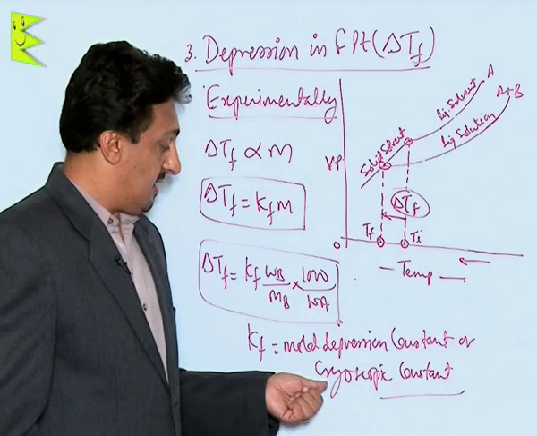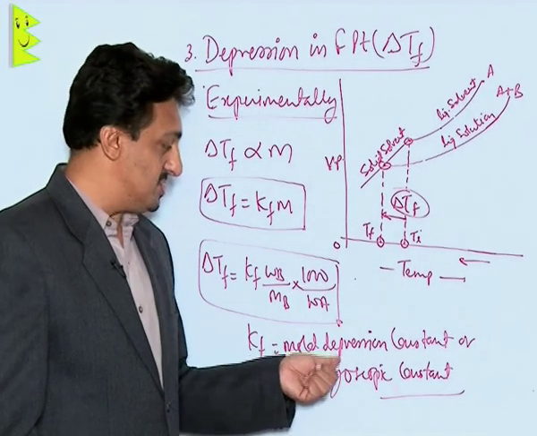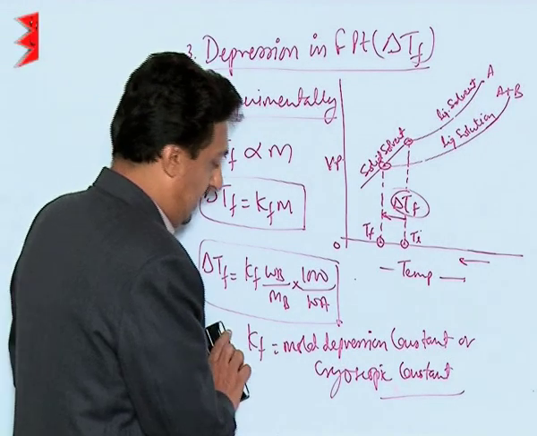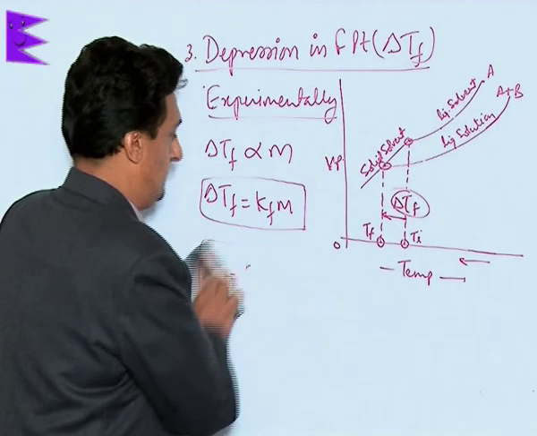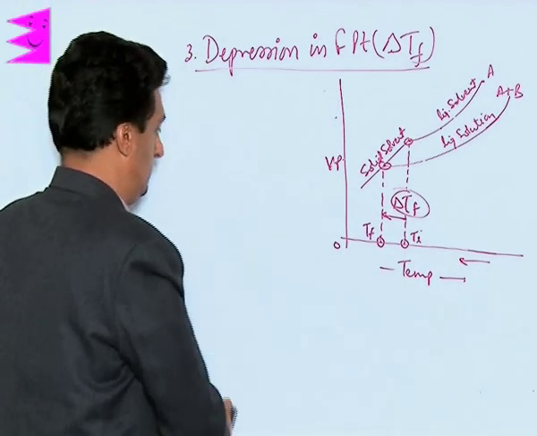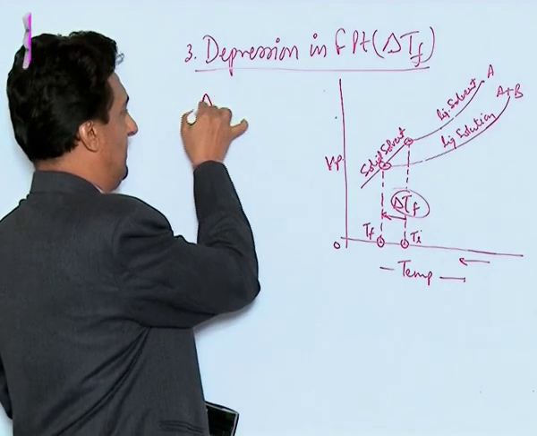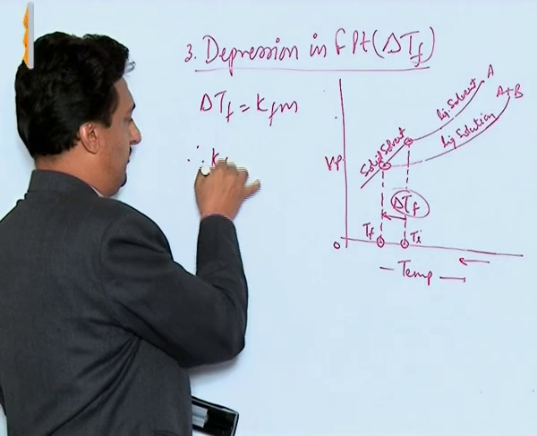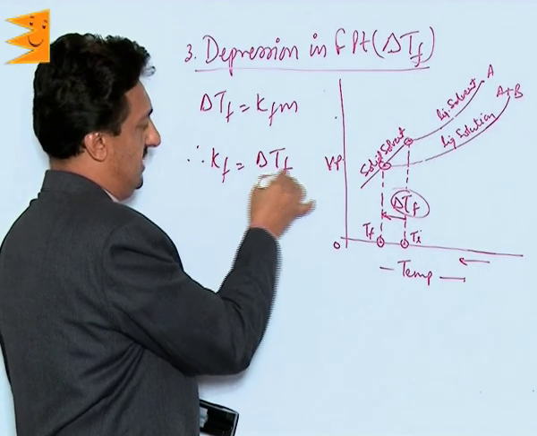The cryoscopic constant or molar depression constant, this is Kf, its unit can be determined like this. Delta Tf we know is equal to Kf m. Therefore, this Kf will be equal to delta Tf by m.